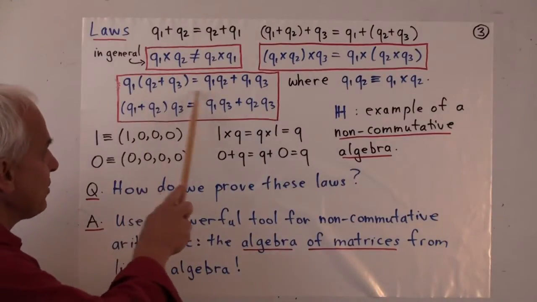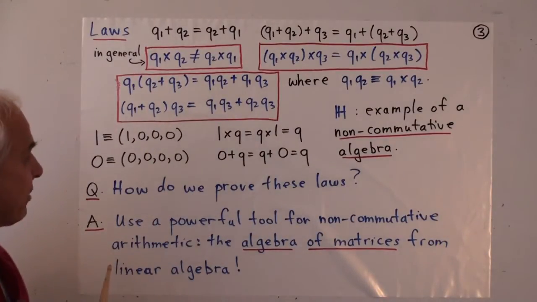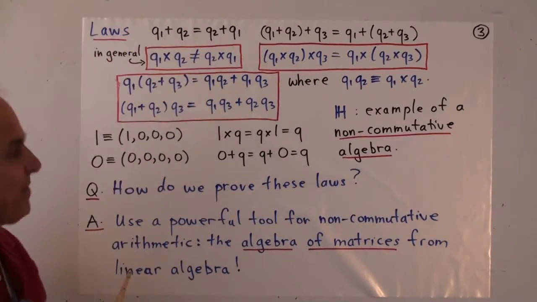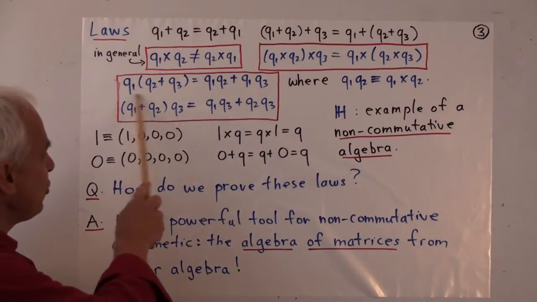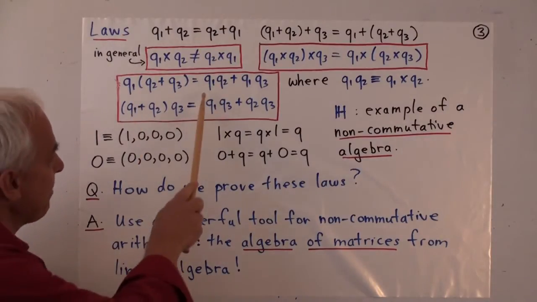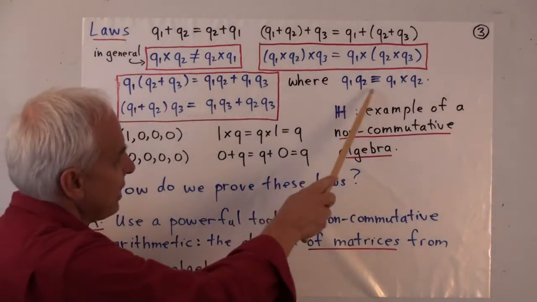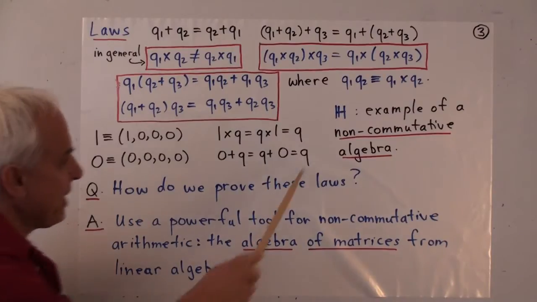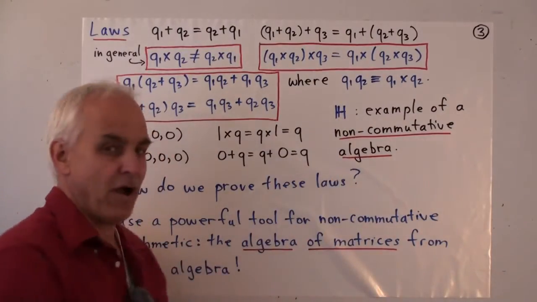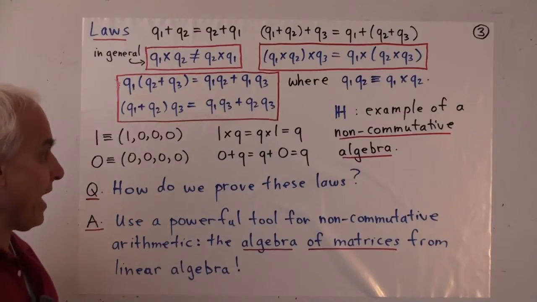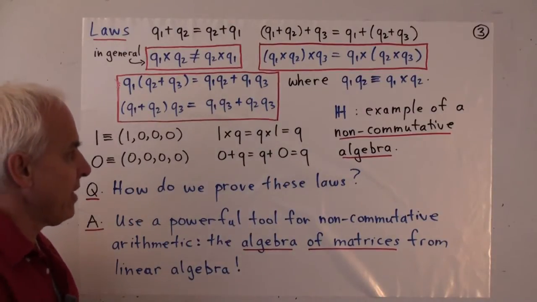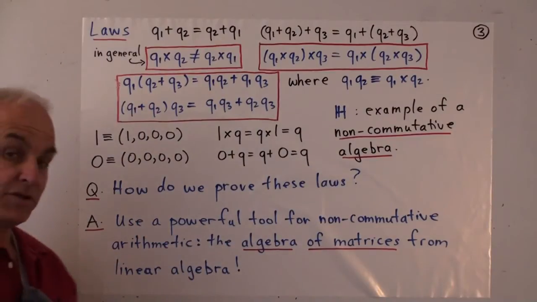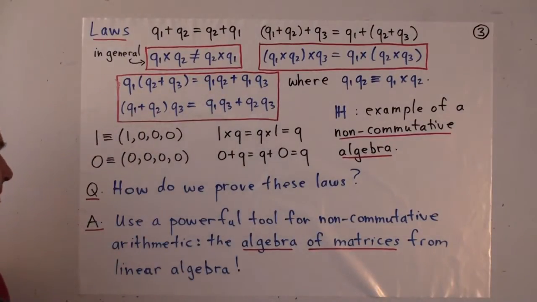We have distributive laws as we do in the complex number case, but now we probably should write two of them because things are not commutative. So we have two distributive laws, and I'm writing Q1, Q2 here short for Q1 times Q2. So this makes the quaternions, which are often denoted by a bold H like that, into a non-commutative algebra.